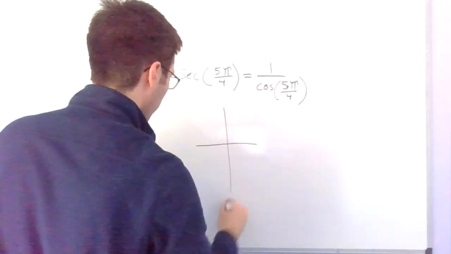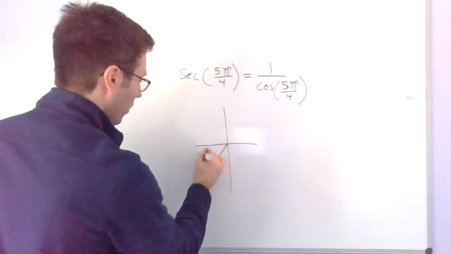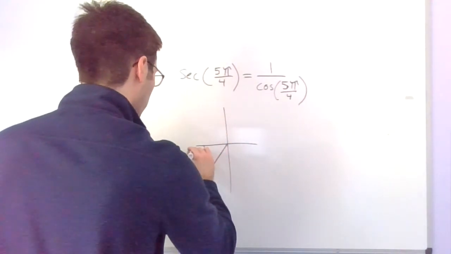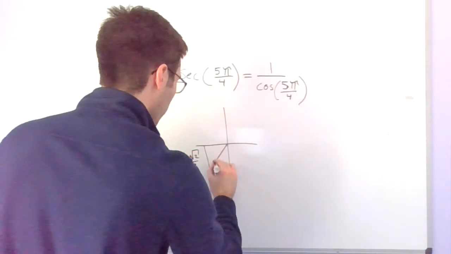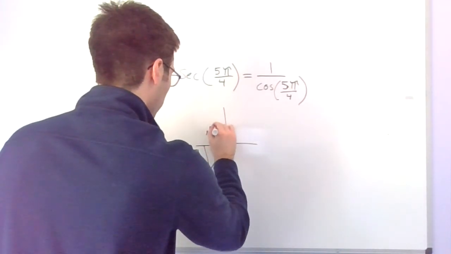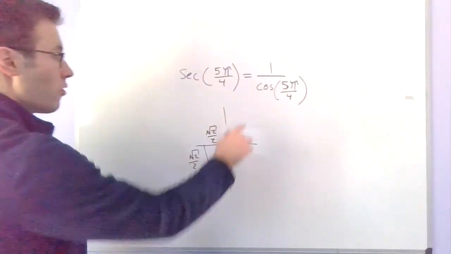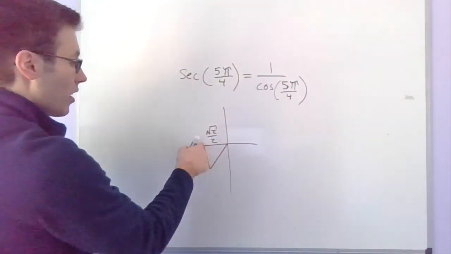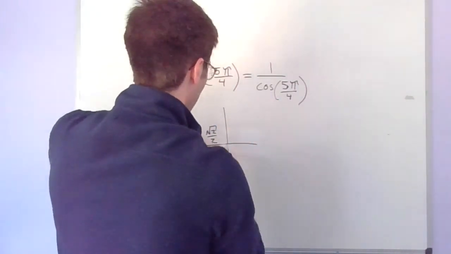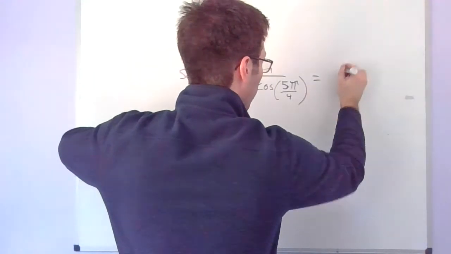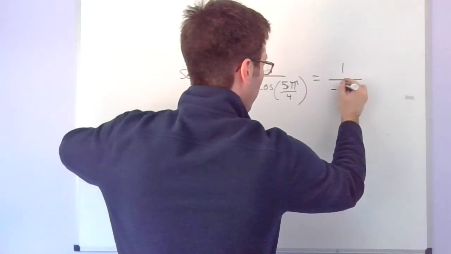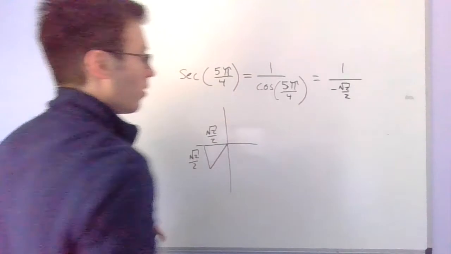The way I do it is that this value will be in the same region as the square root 2 over 2, square root 2 over 2. Cosine of 5 pi over 4, my cosine term is going to be negative here. So it's going to be 1 over a negative square root 2 over 2.